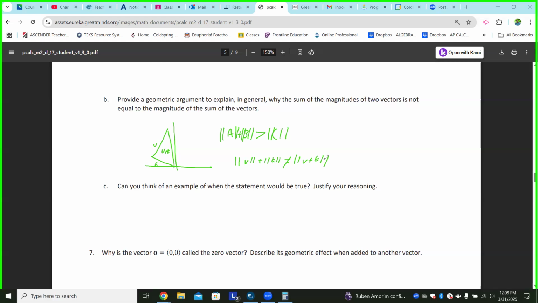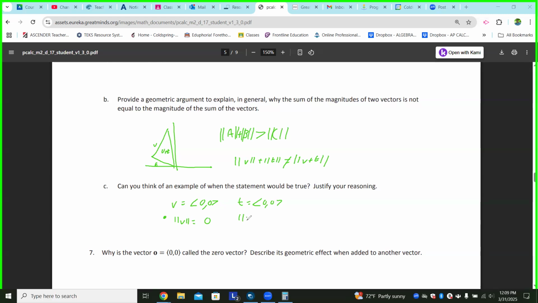All right, so part C, can you think of an example when this statement would be true? I heard it. If you had zeros, right? If you basically had two lines in a sense, but basically if you just had zero, right? Because if I take the vector 0, 0, and I call this, I don't know, v, and then I have t, and I call it 0, 0, what is the magnitude of v? 0.